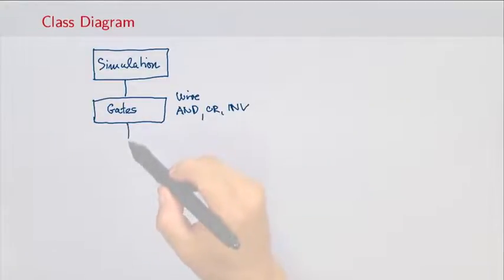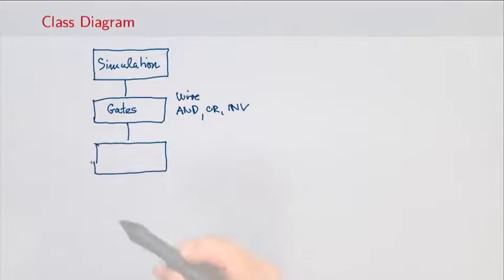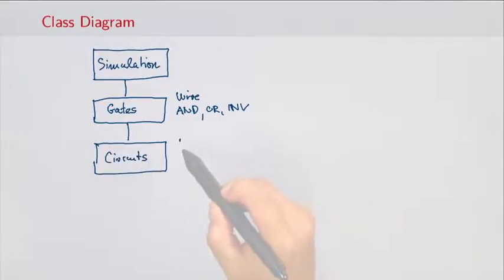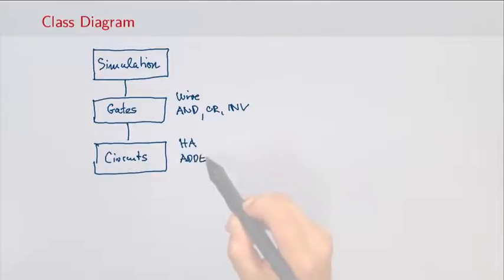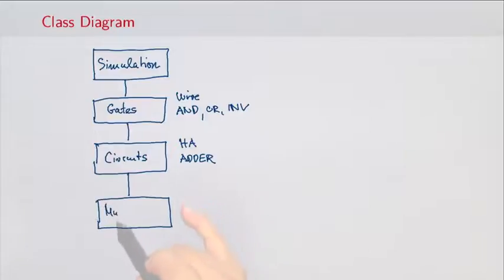One level further down, you would have a trait that gives you more complex circuits, call it Circuits. And here you would find things like the half adder and the adder. And then finally, you would have the concrete objects that the user wants to simulate. Call this maybe MySimulation.